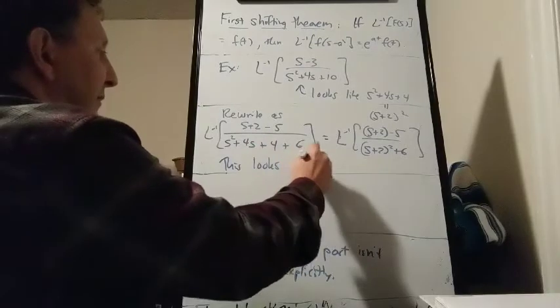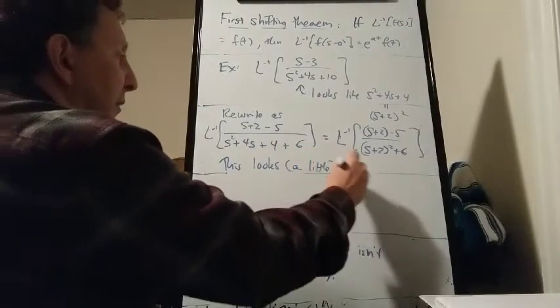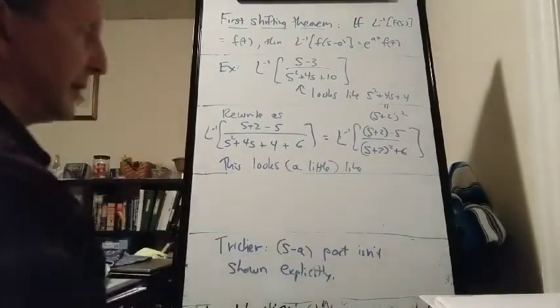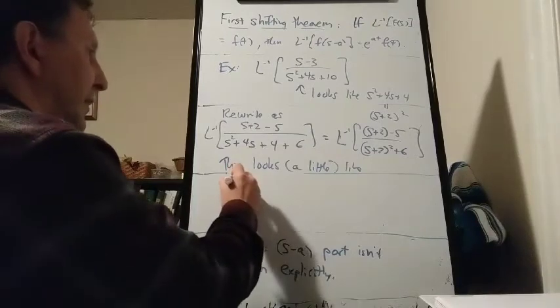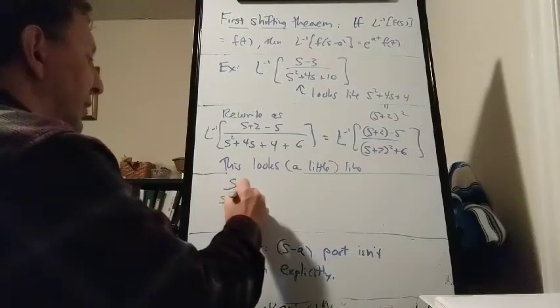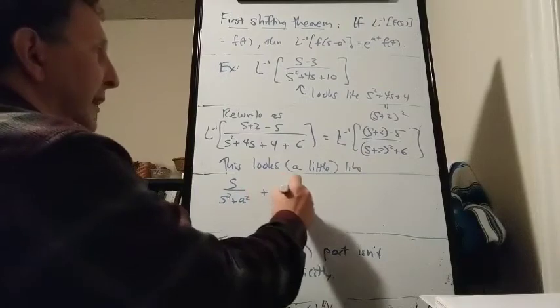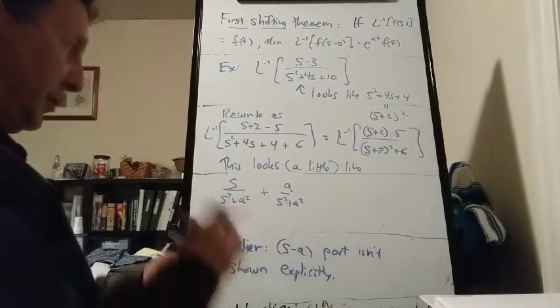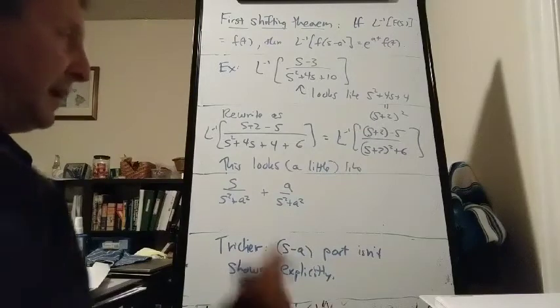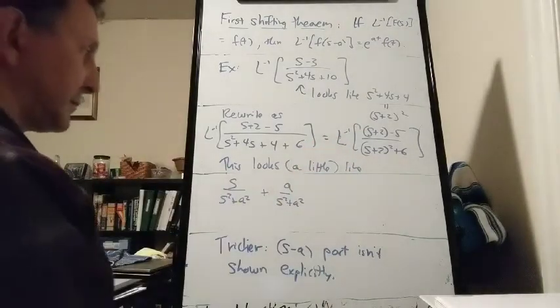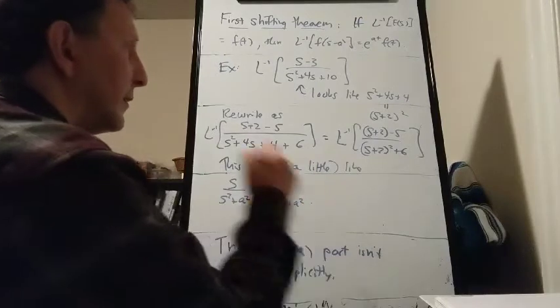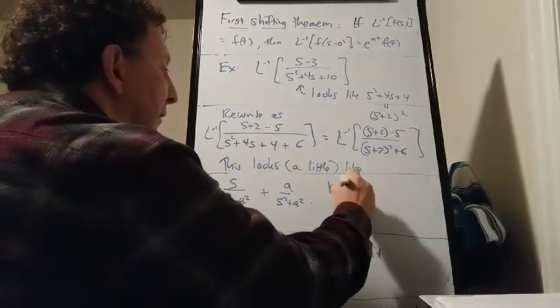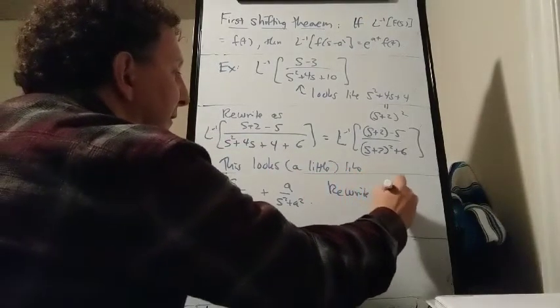Now this looks a little like s over s squared plus a squared and a over s squared plus a squared, which we could do separately. It's not exactly that. So let's play with this again.